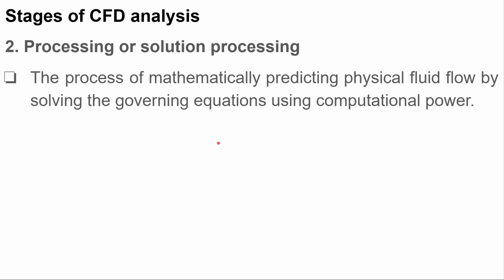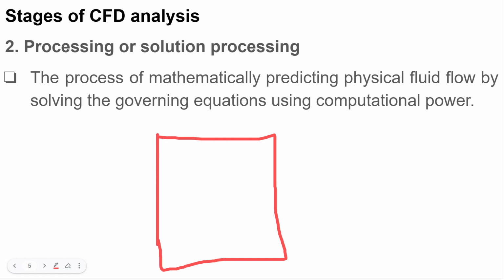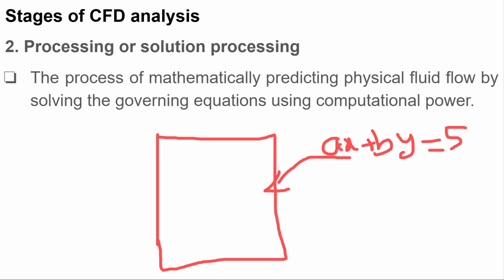Coming to solution processing, in pre-processing we have done everything. In solution processing, suppose we have a calculator and one equation, a x plus b y equals, suppose, 5. We already have the coefficient b value, and suppose the y value.